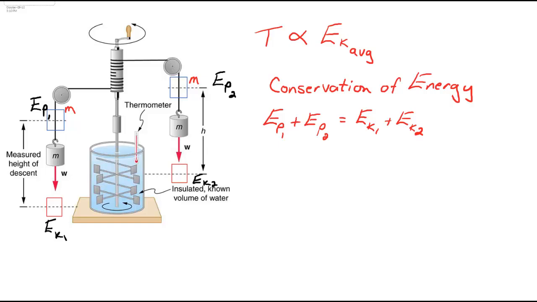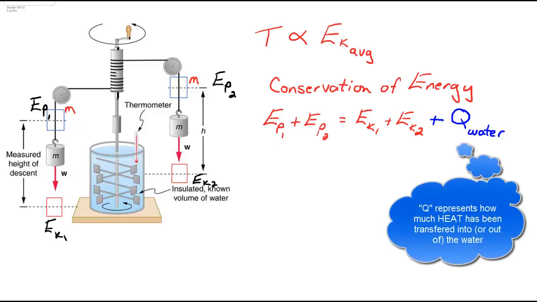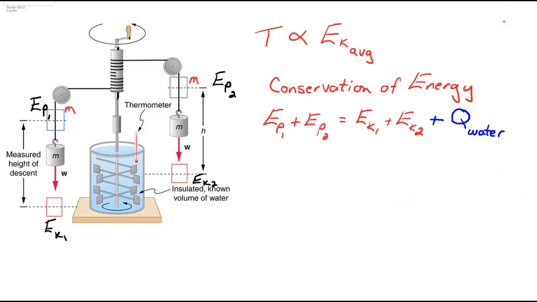Well, we know that kinetic energy is related to temperature, so all we've got to do is figure out how much thermal energy the water has gained. So our equation still illustrates conservation of energy, except now we're ending with not only kinetic, but thermal energy or heat energy at the end when the water actually increases its temperature. Now it's just a matter of plugging in our variables. We know that potential energy is just mgh, so what does it look like when all is said and done?